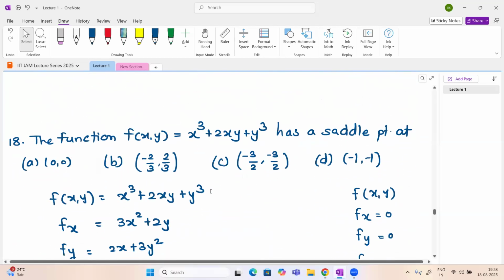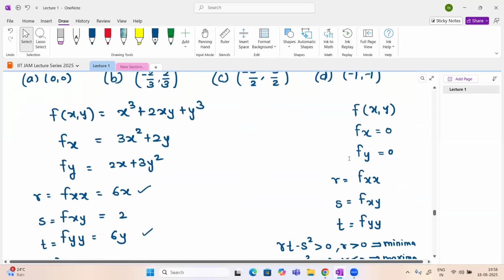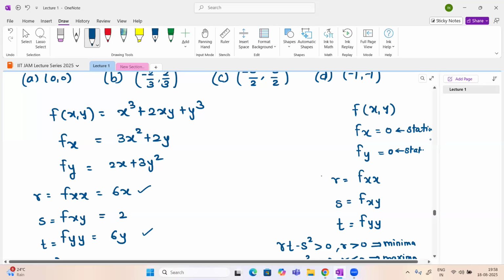Actually, I forgot to tell you that. In this method, when we solve, we find the stationary point first, right? When you solve these equations, you will get a stationary point. If you have the stationary point, then we can talk about these conditions.